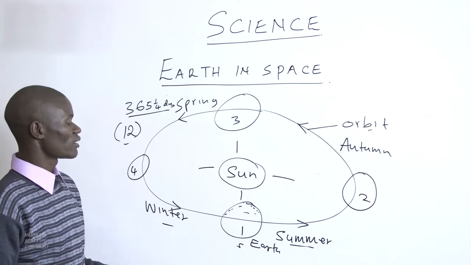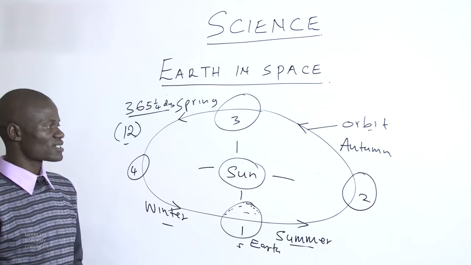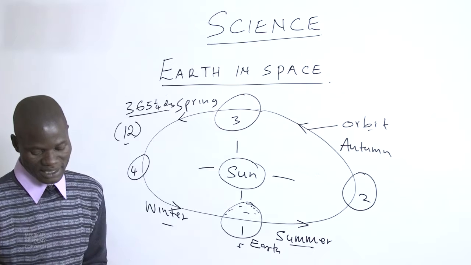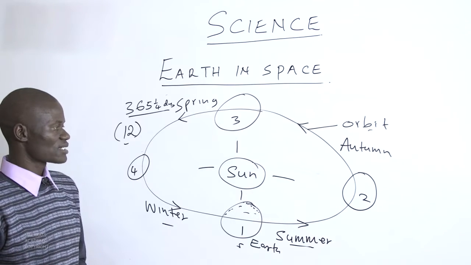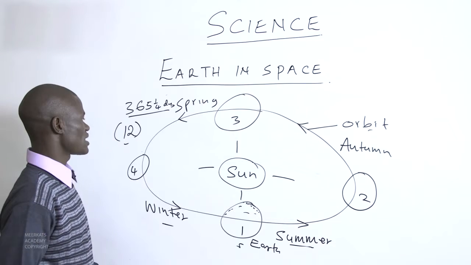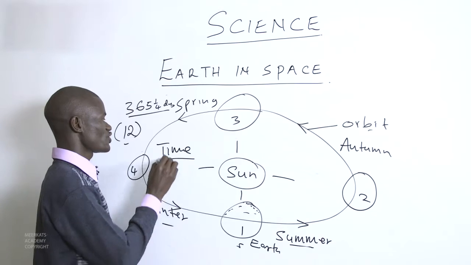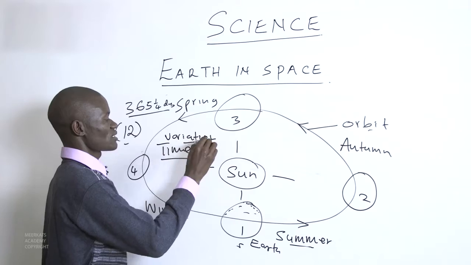The next thing we are going to look at, the second effect of the revolution of the Earth around the sun, is variation in time. There is variation of time that occurs as a result of this.